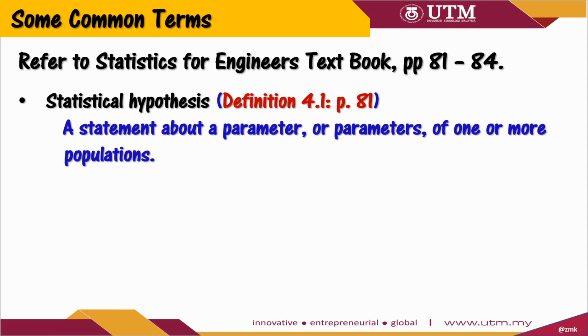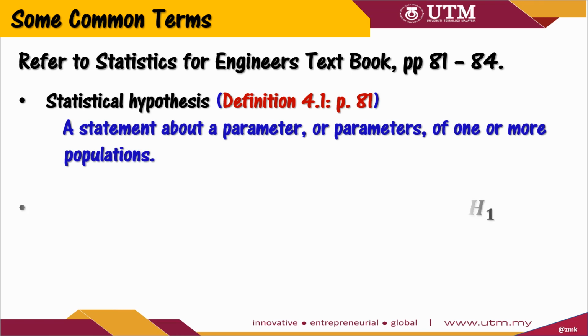Different from chapter 3, where a parameter does not have a value, so you want to estimate the parameter. Here, however, a parameter could be assumed to have a certain value, but you want to test whether you have enough evidence to support or reject the hypothesis that the parameter has that particular value.